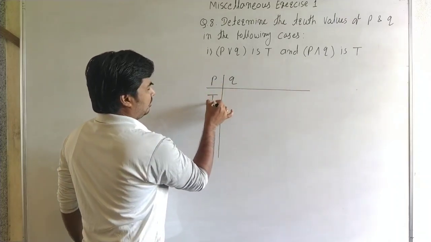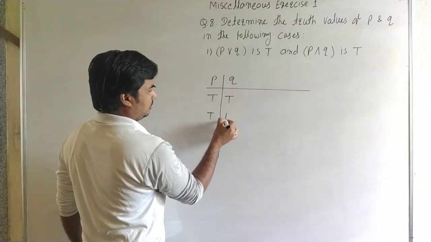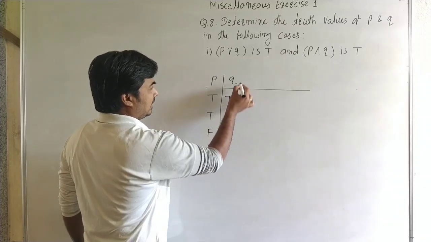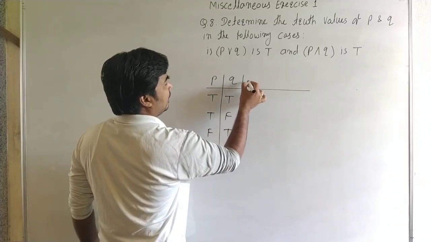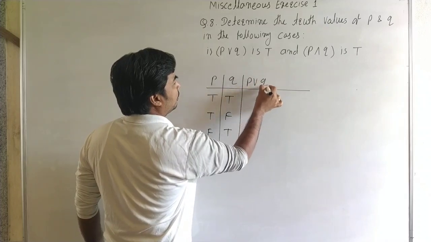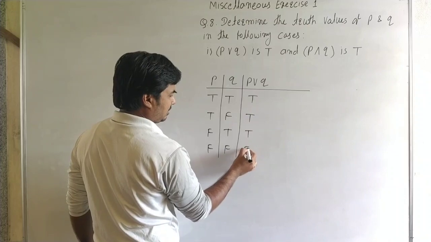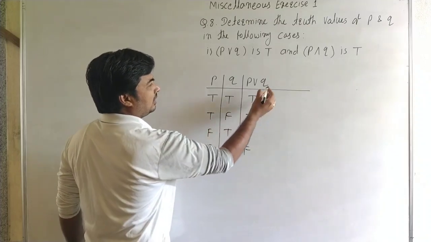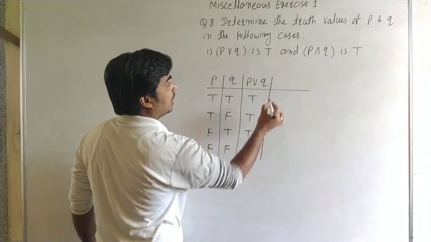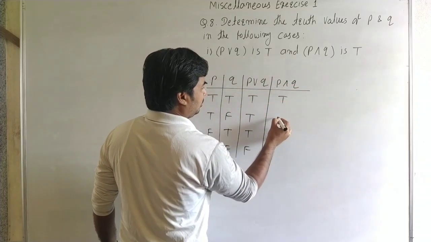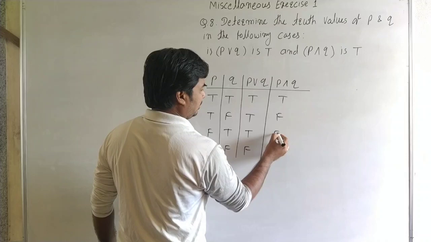Then true true, true false, false true, and false false. Now P or Q: true, true, true, and false. We know that if at least one is true, then the truth value of OR is true. And for P and Q, when both are true, then the truth value is true.